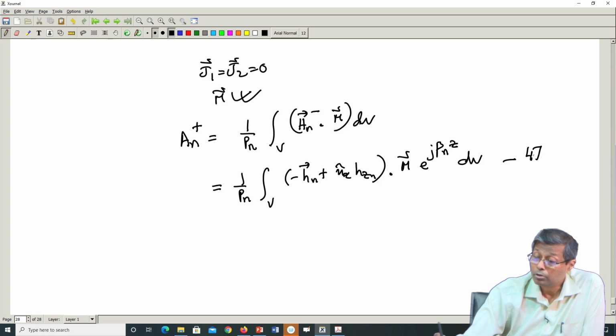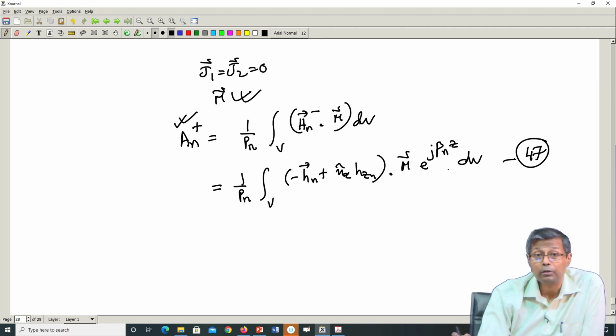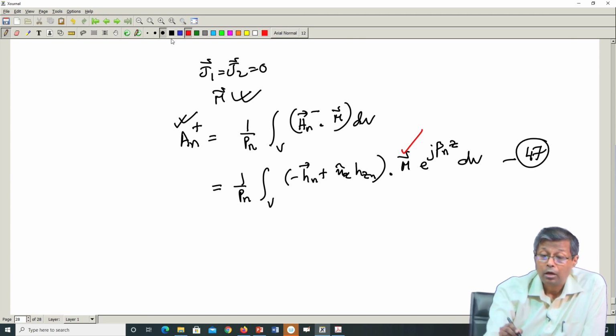So, we call this equation 47. So, this is the nth forward moving wave radiated by the magnetic current source M placed inside the waveguide.